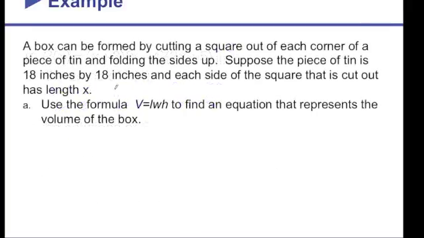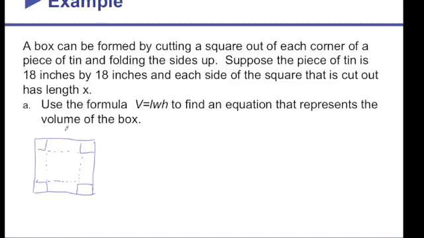We have a situation where a box can be formed by cutting a square out of each corner of a piece of tin and folding the sides up. So we have this piece of tin, a rectangular shape, and we're going to cut a square out of each corner, and then we fold along these lines, and these become the sides of the box.